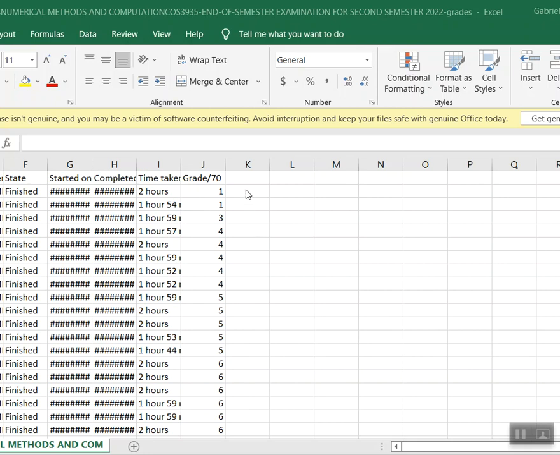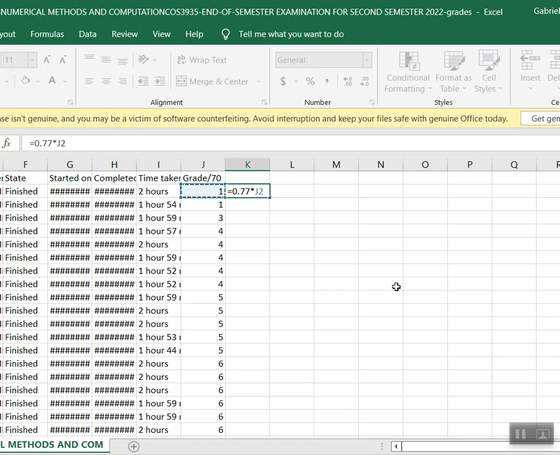So from our linearized equation, we have y equal to 0.77 times x, and this becomes our x, plus 12.13. Then we are good to go.